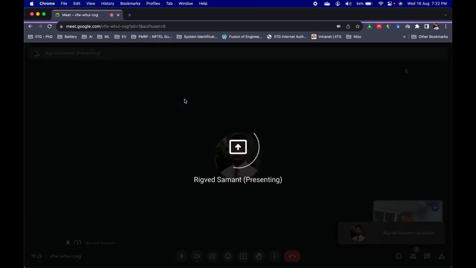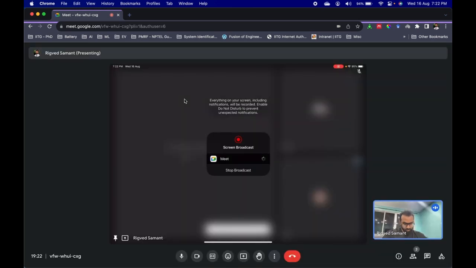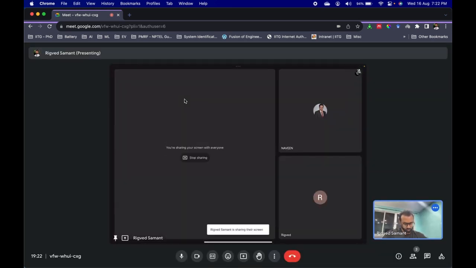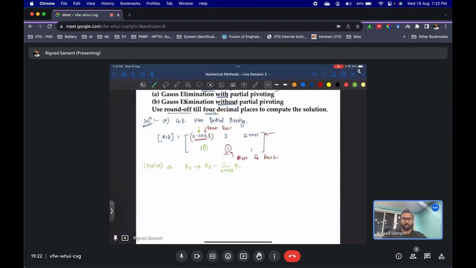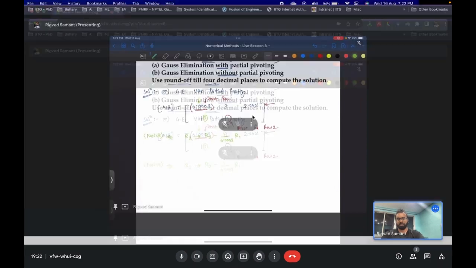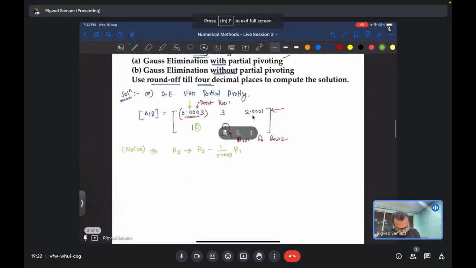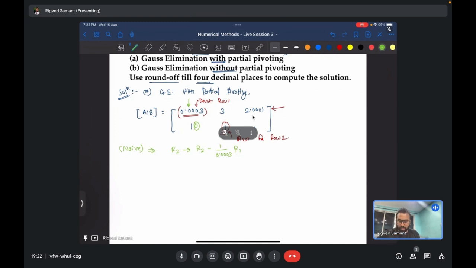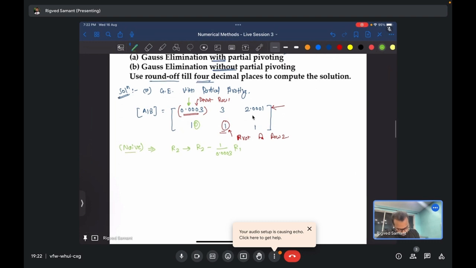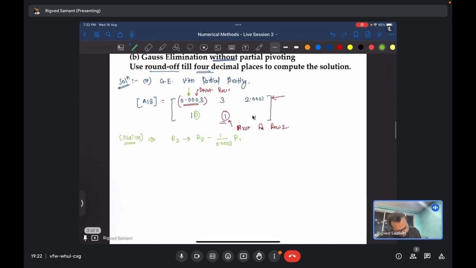So in naive Gauss elimination, what we did is we took the first pivot element of row 1 and made the values below it, in the first column, 0.